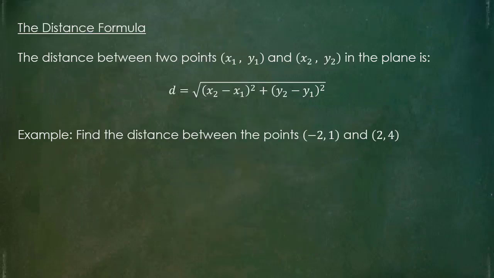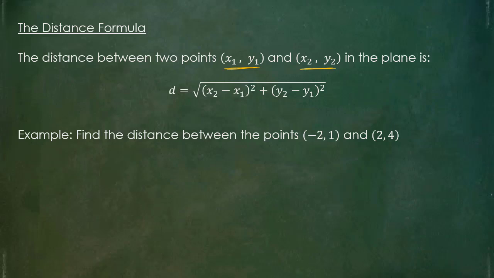Now moving on to the next topic, we'll talk about the distance formula. For the distance between 2 points, we'll use (x1, y1) to represent the first point, and (x2, y2) to represent the second point that lie in this Cartesian plane.